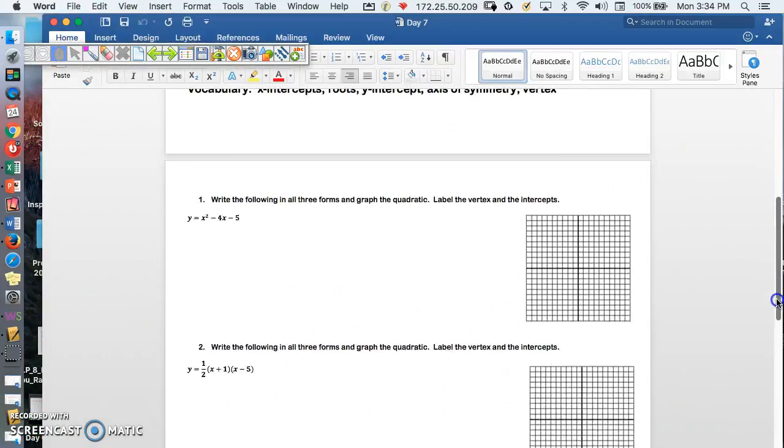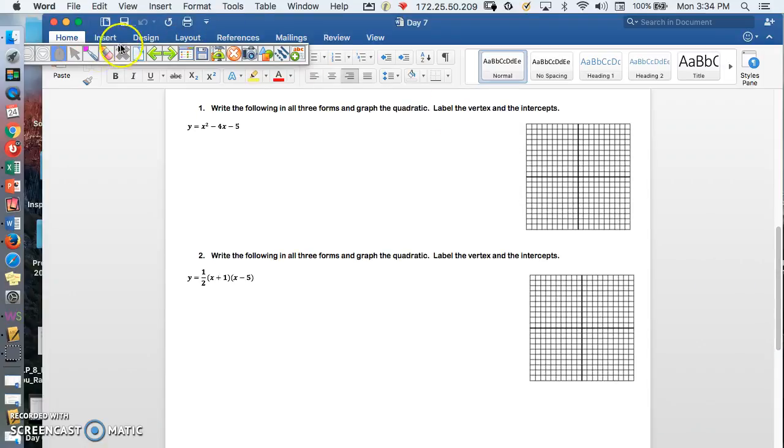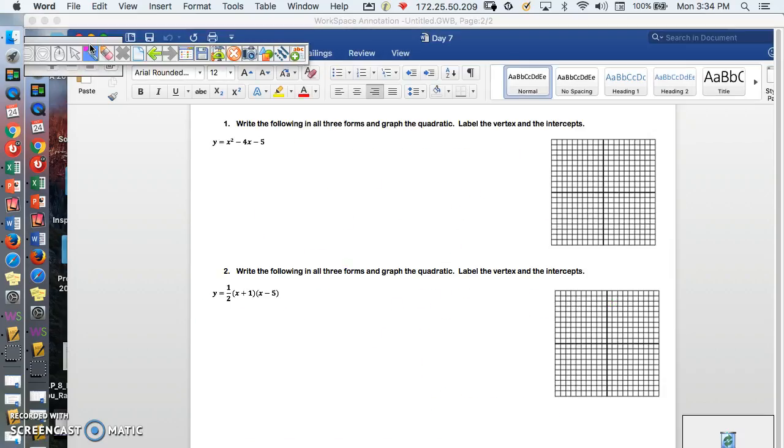So today we are going to go through several problems converting back and forth between different forms. Right now, this is in standard form. So we have standard, vertex, and intercept.